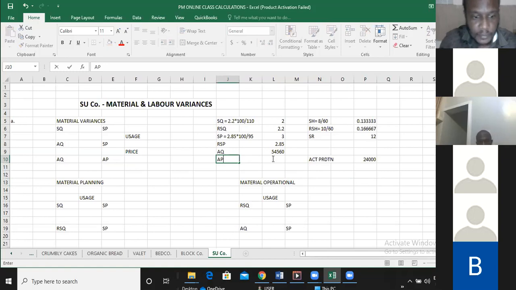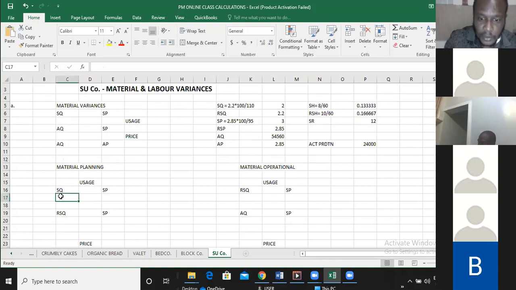All right, so let me just start filling in things. If I get stranded, then I'll come back. So standard quantity, this took a long time. Standard quantity 2. Standard quantity is short for standard quantity of actual production. And then our standard price, what's standard price?